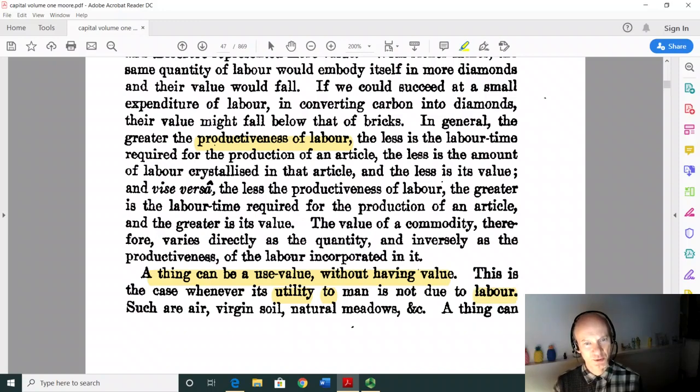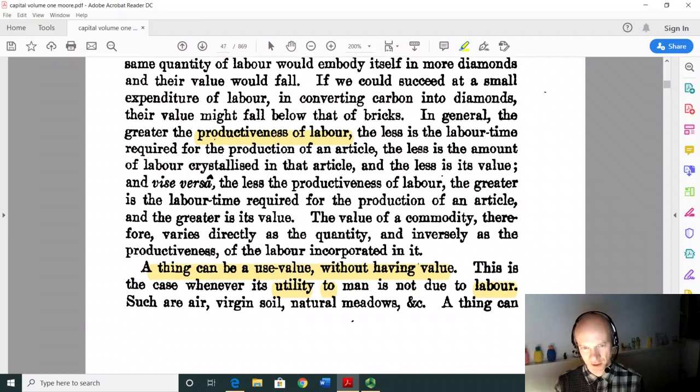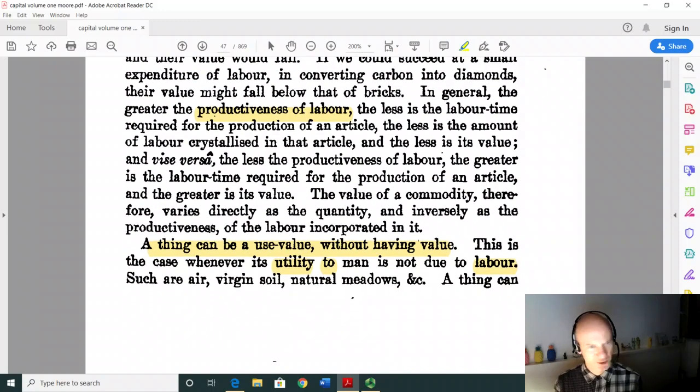Air is extremely useful, but it is not produced by man, by humans, by society. Man here means human being. In fact, it's an old-fashioned use of language here. Air is of enormous utility, but it's not a value because it was not produced by us.